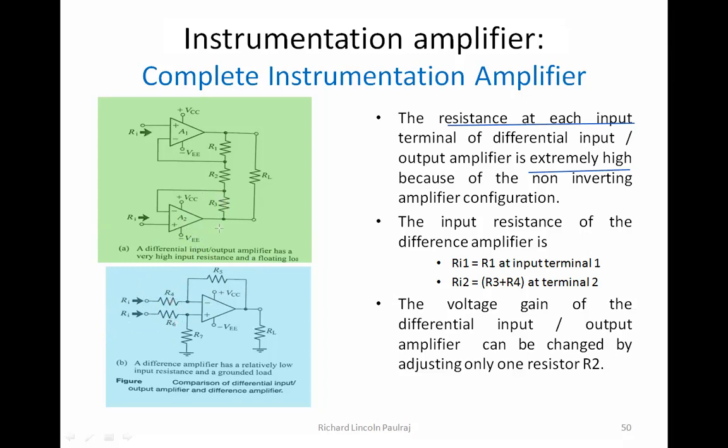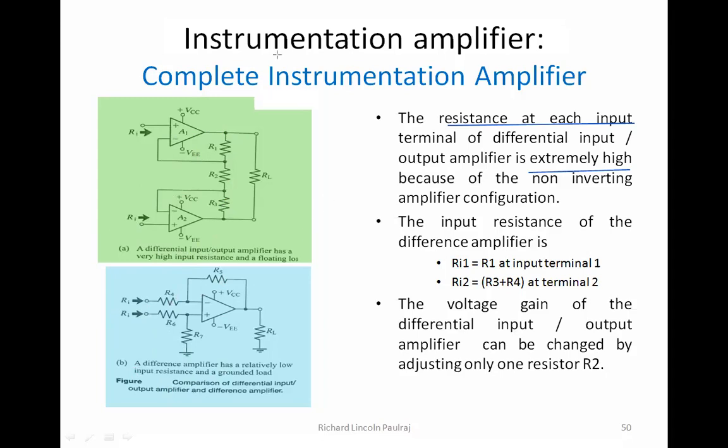Here it is taking the resistance from the differential input output amplifier as well as the difference amplifier. Ri1 is only with R1, and Ri2 is with R3 and R4, because this circuit is going to come and sit here.